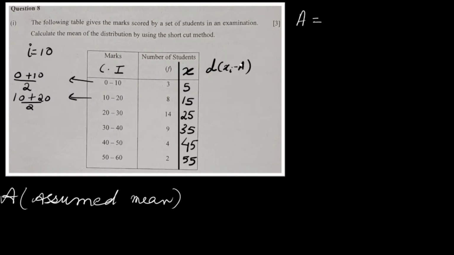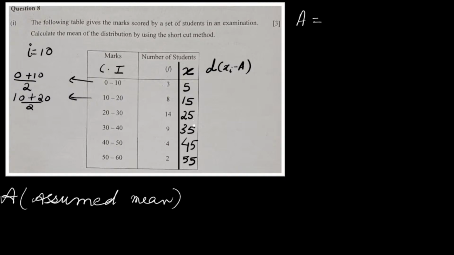See, the number of terms is even. So in case of even, from the middle two terms you can choose. You can either choose 25 or 35. Your answer will remain the same. So let us choose now. If we assume 35, it's correct. If you assume 25 also, same answer we will be getting.